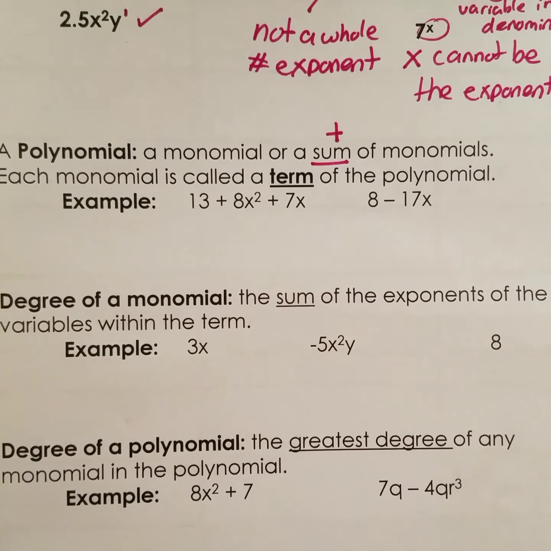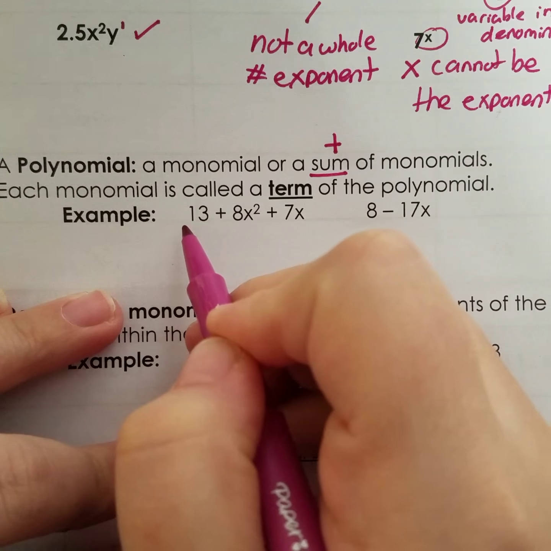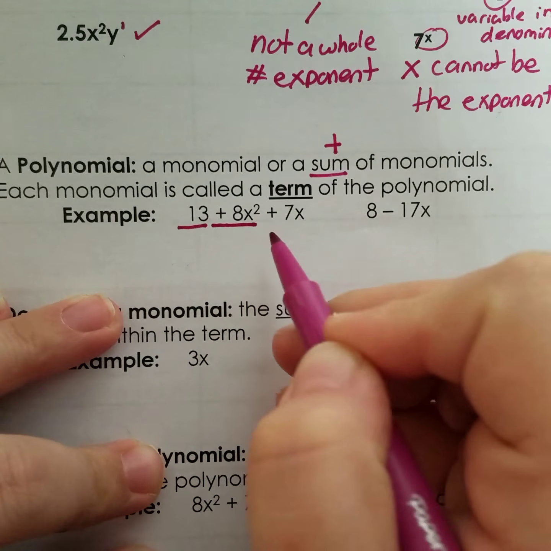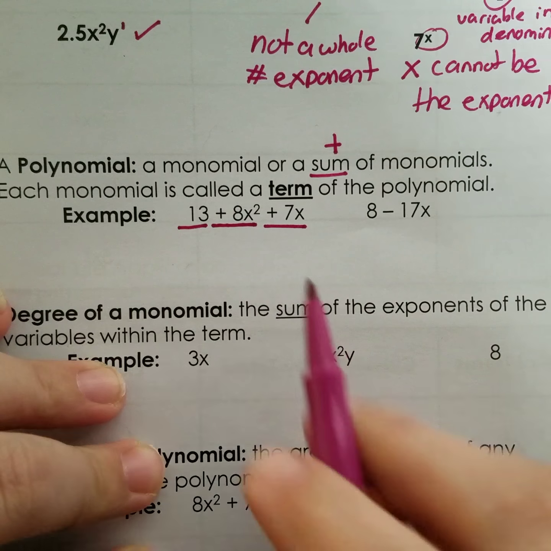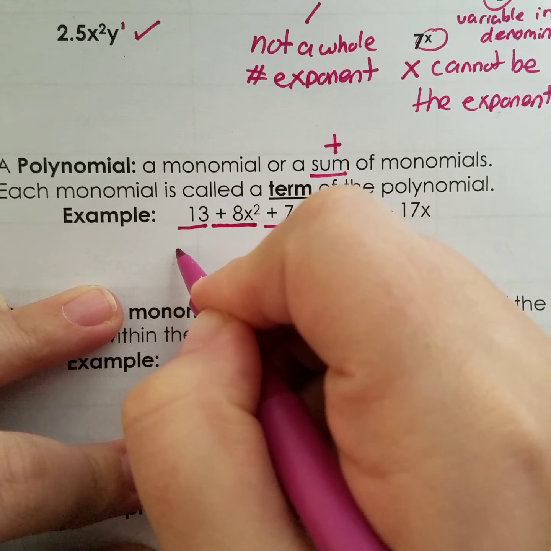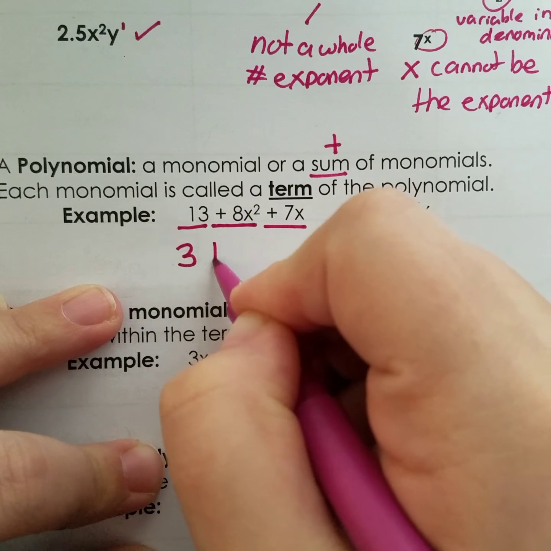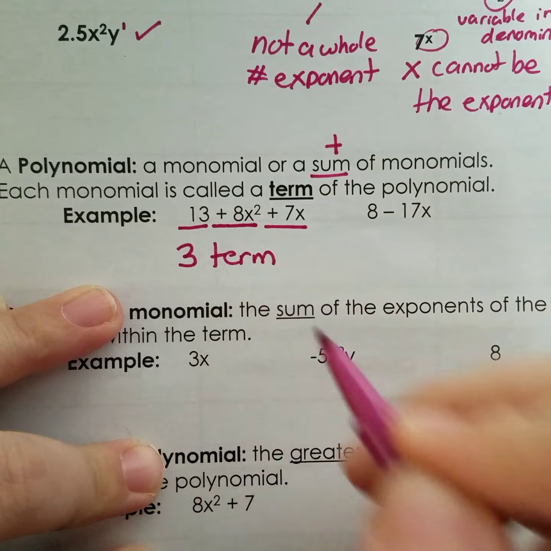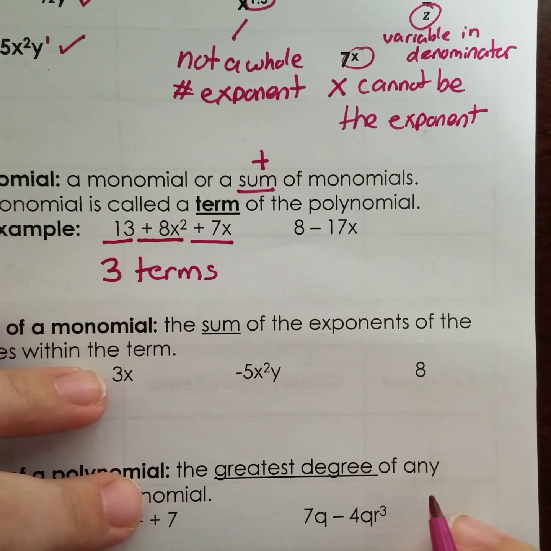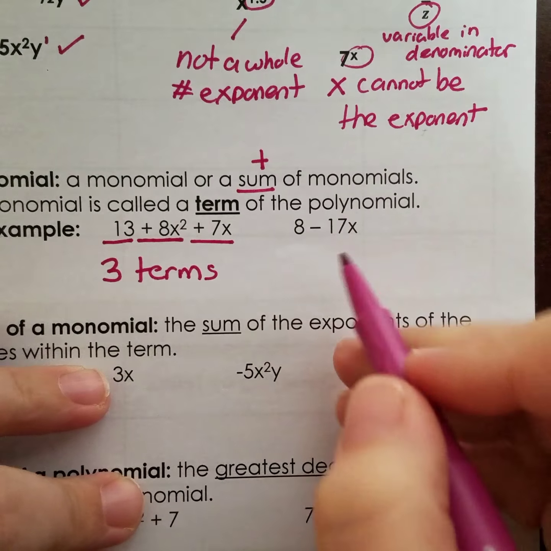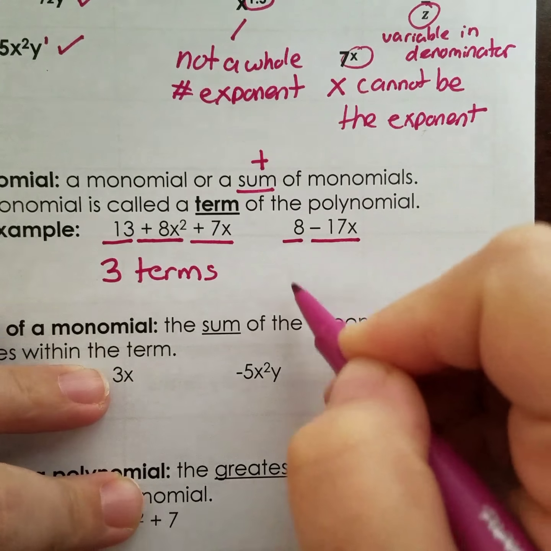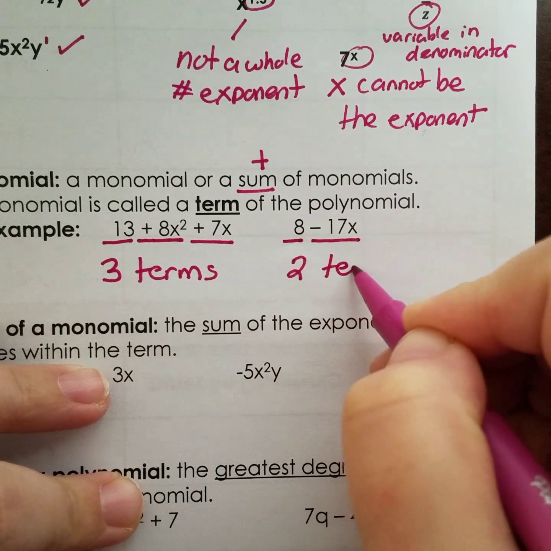These are polynomials. They have one term, two terms, three terms. They're separated by an addition or subtraction sign. So, this is a 3-term polynomial. Okay, there's 3 terms. How many are here? We have 1, 2. So this is 2 terms.